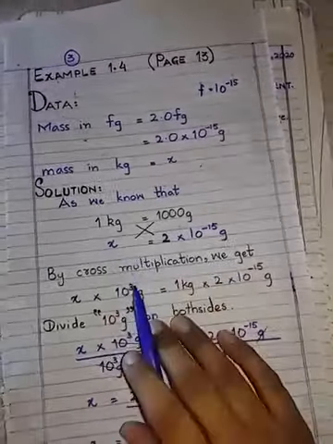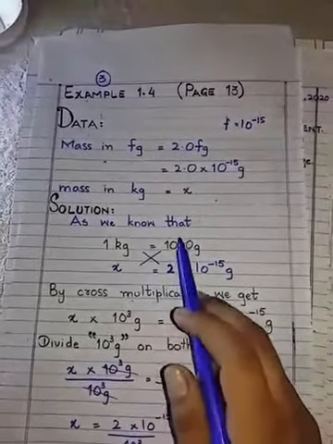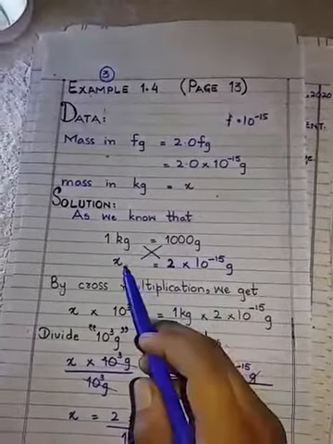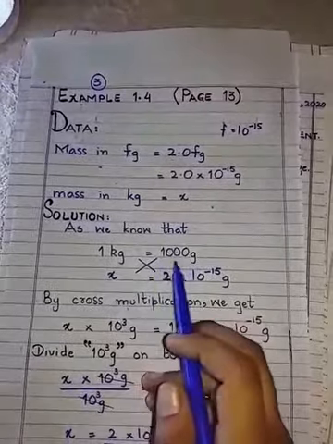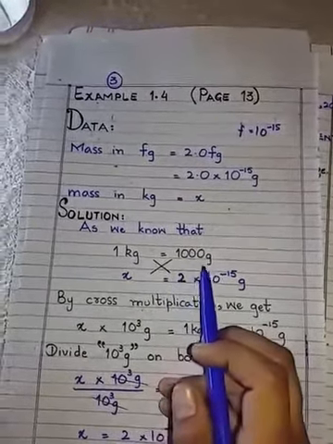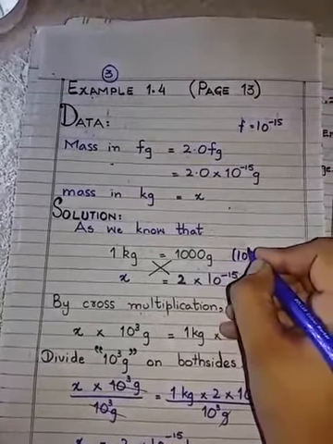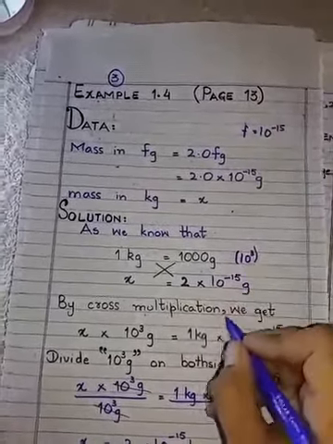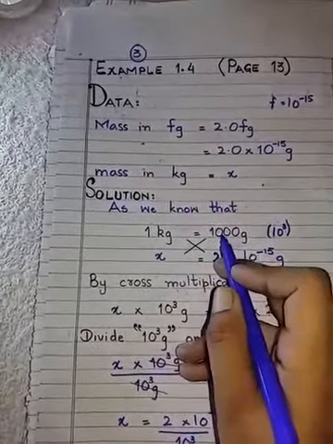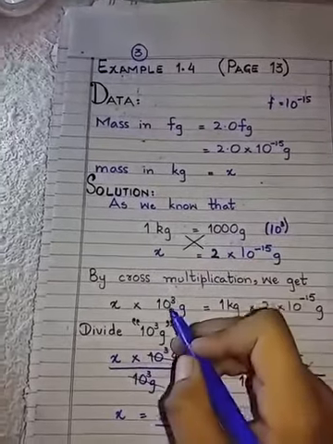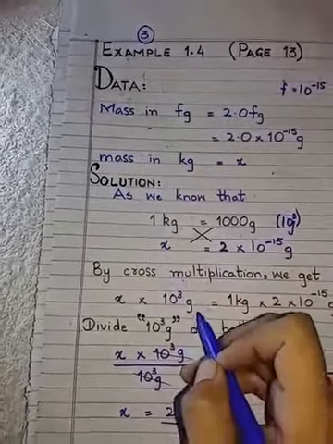So, girls, first we will do cross multiplication. By cross multiplication we get x multiplied by 1000 gram, and if we write this 1000 in power of 10, 1000 is equal to 10 raised to power 3 gram.